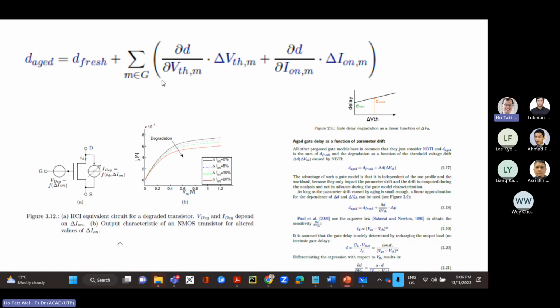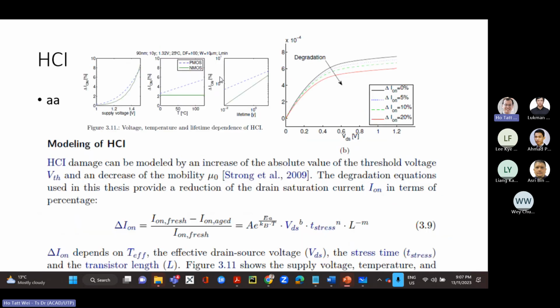You just use this part of the equation. You can estimate what is the actual fresh delay. Then you have the delta delay over VTH from this closed-form expression here. Then you can calculate the delta VTH this way. You calculate the delta Ion here, and then you translate this into a delta VTH.